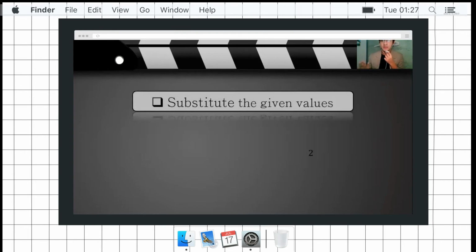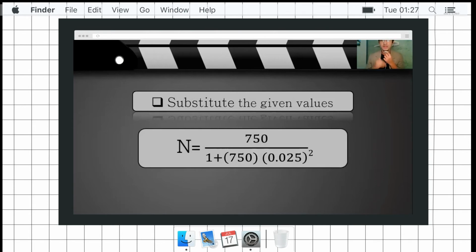Next is to substitute the given values: n equals 750 over 1, since 1 is given in this formula, plus 750 times 0.025. Where did we get the 0.025? It is the equivalent value of 2.5%, but we converted it to decimal form, and then the percent is squared.